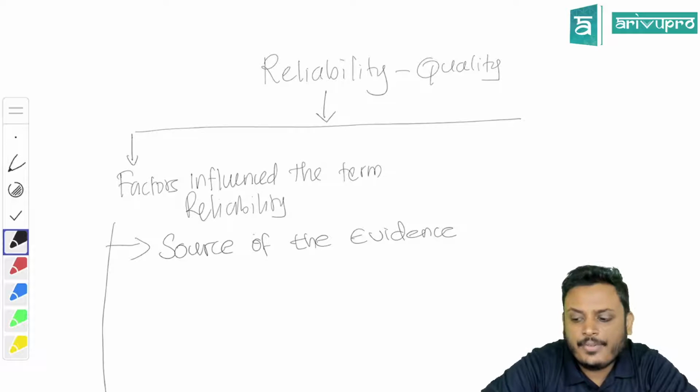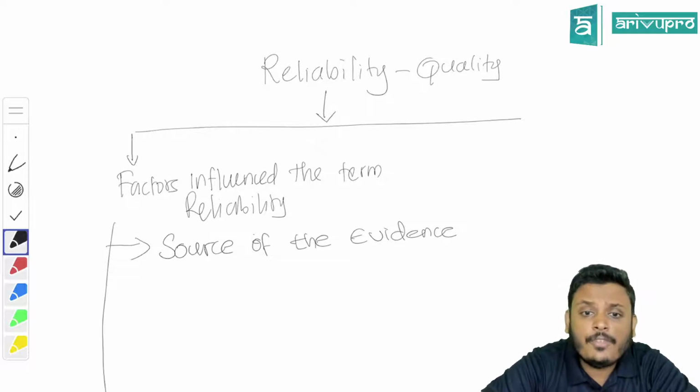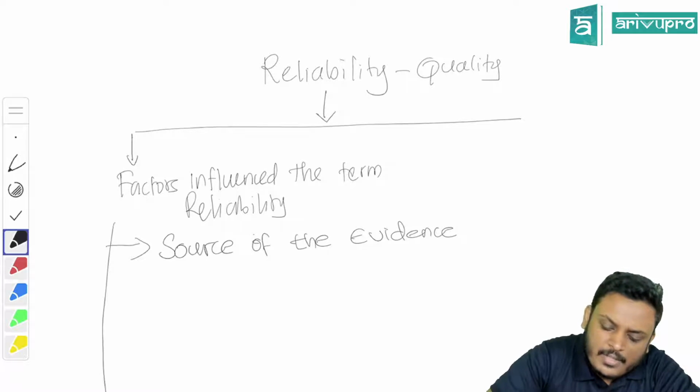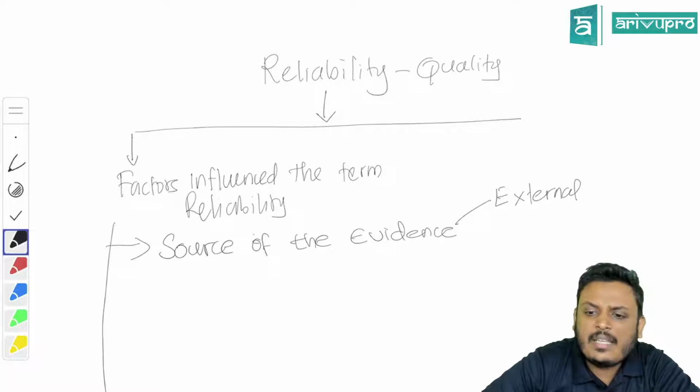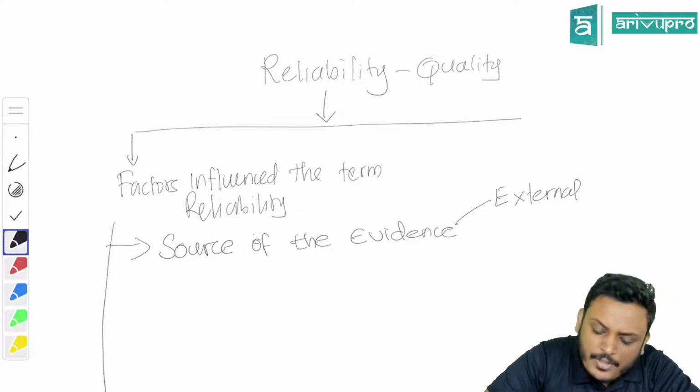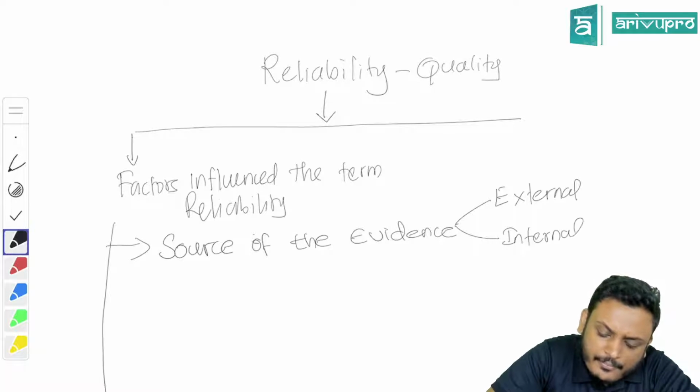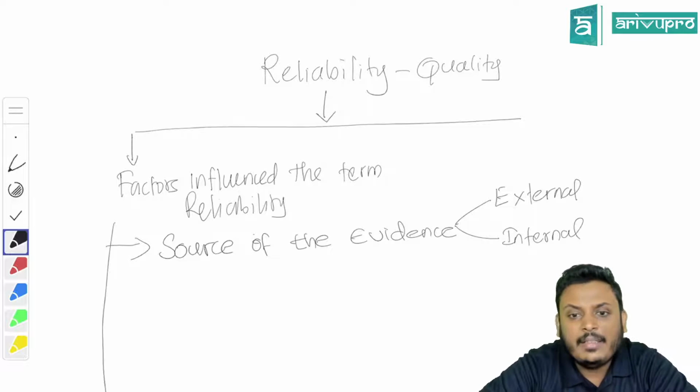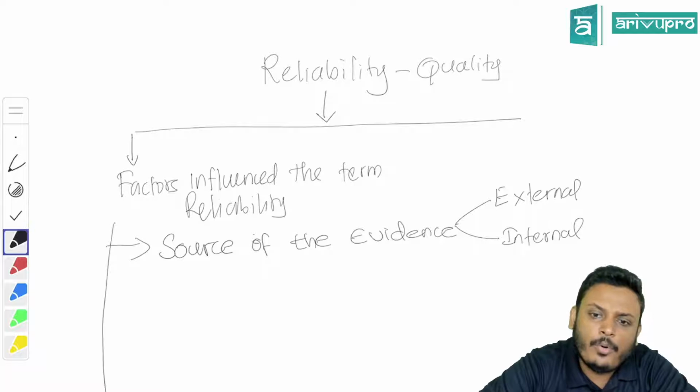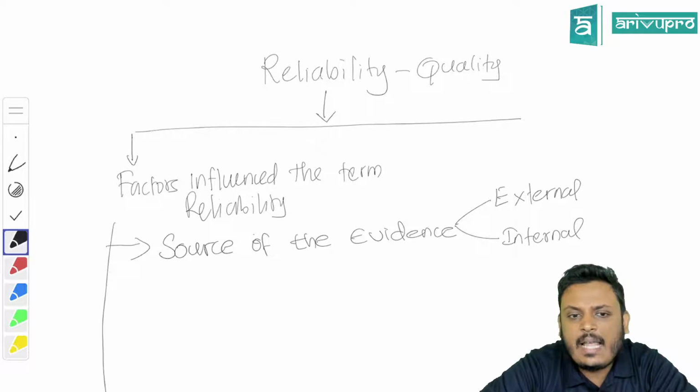Source of the evidence means what? If you obtain the evidence from an external party, that evidence is more reliable. If you gather evidence from an internal party, like management, then it is less reliable. Therefore, external evidence is more reliable, internal evidence is less reliable.